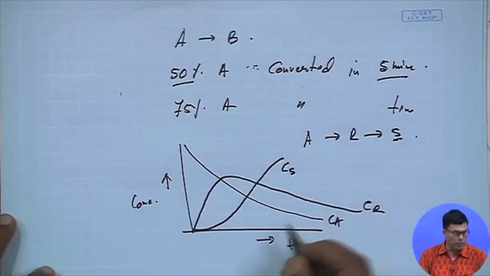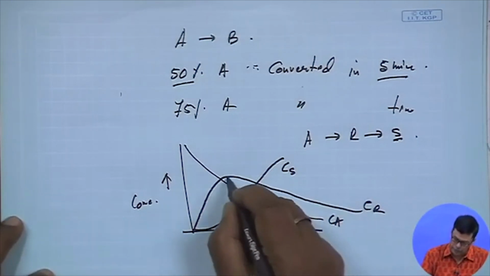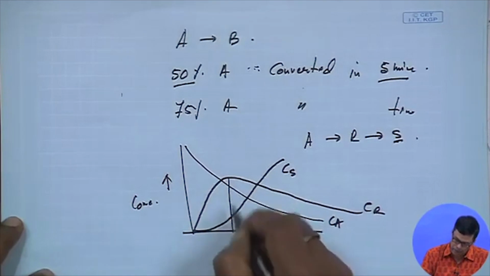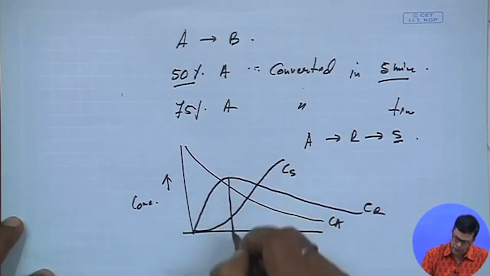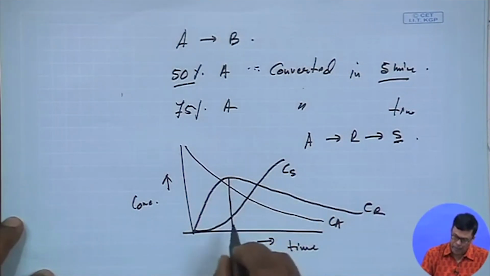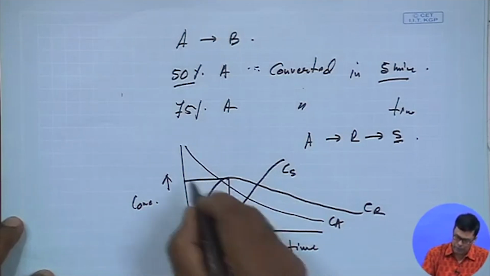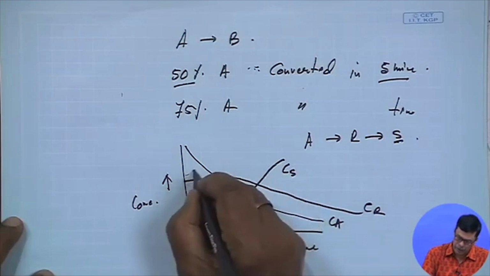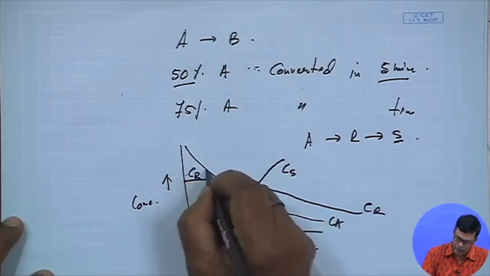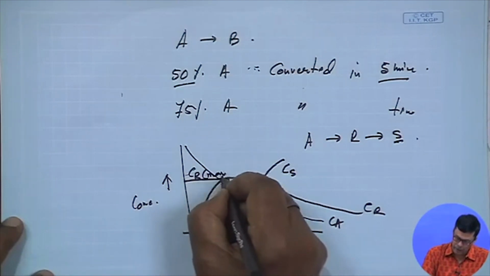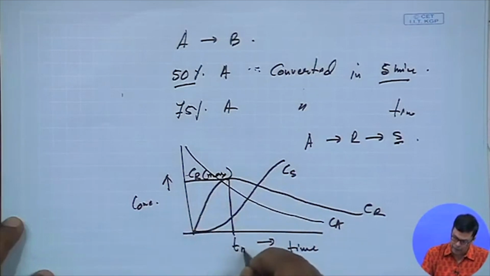Now what they are looking for in this problem is the intermediate concentration of the product. The question comes: at what time can we attain the maximum value? This is called Cr max, and here we call Tmax.